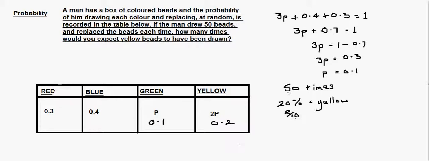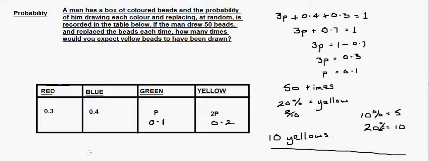Now I know 10% of 50 is 5, so 20% must equal 10. Or 1/10 of 50 is 5, so 2/10 is 10. So I can say that I would expect 10 yellows.